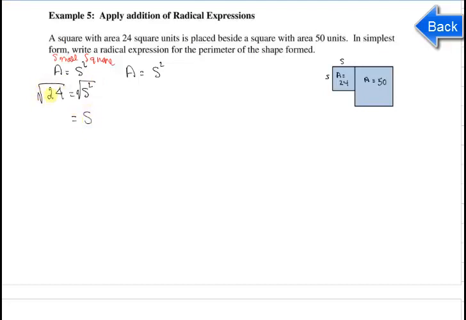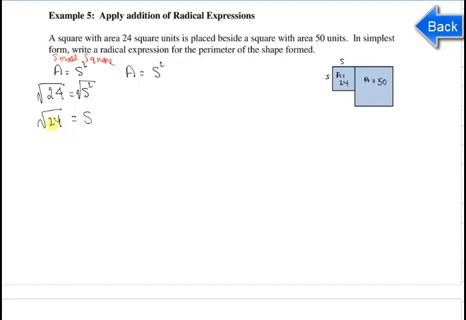Generally I would go plus and minus the square root of 24, but because I'm looking at a side length of a square, the measurements of length can only be positive, so s is equal to the positive square root of 24.